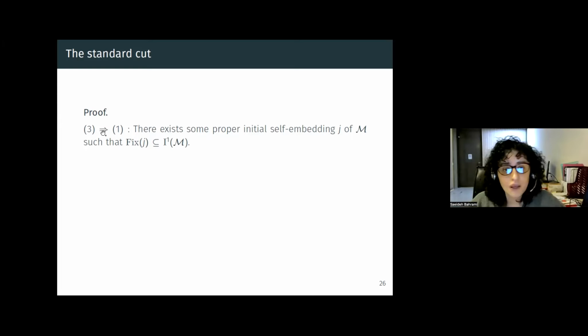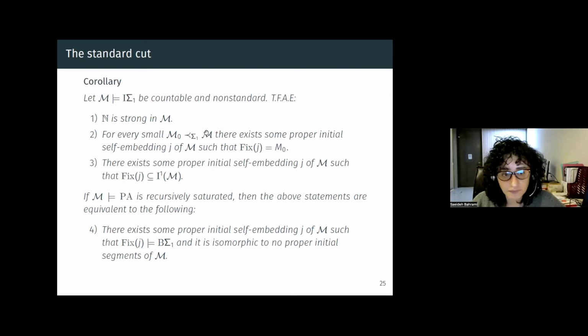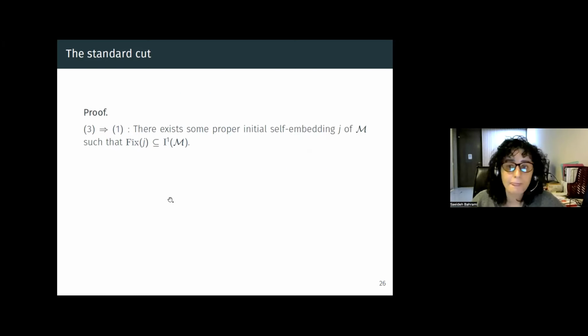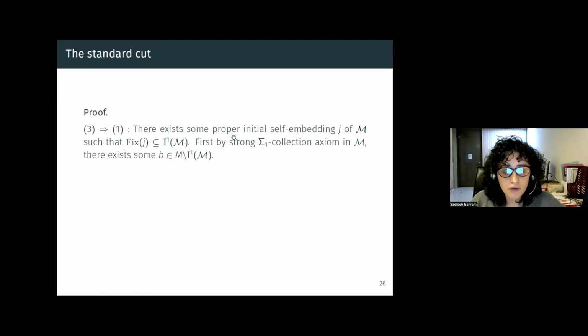So suppose that there exists some proper initial self-embedding J of M such that the fixed points of J are a subset of I1 of M. And we want to prove that N is strong in M. First, there exists some element b in M which is not in I1 of M, because I1 of M is not a model of collection. But M is a model of collection. So suppose N is not strong.